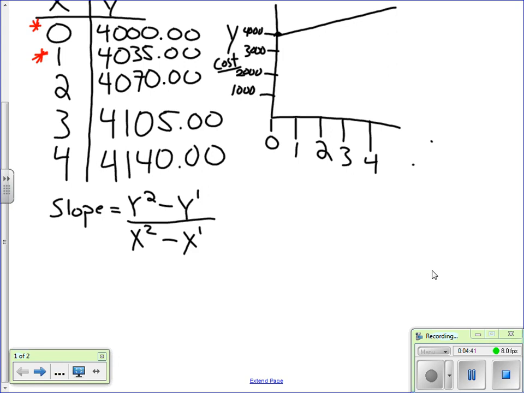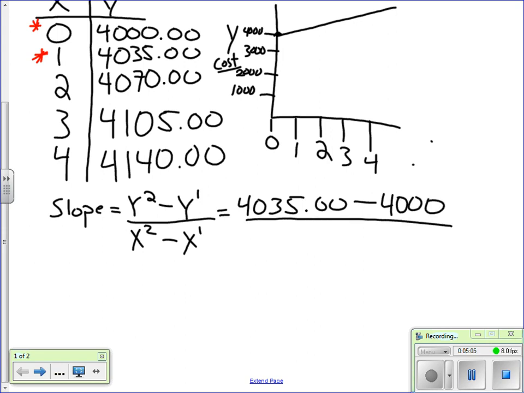I don't expect you to do anything other than simply choose the easiest points. The y's are going to be my costs, so the slope equals (4,035 minus 4,000) over my x.